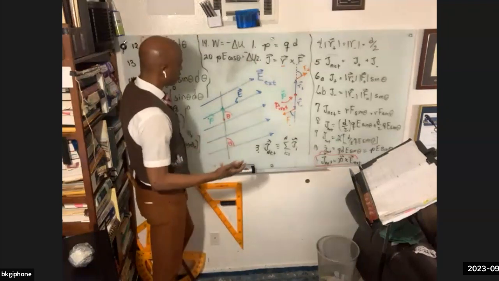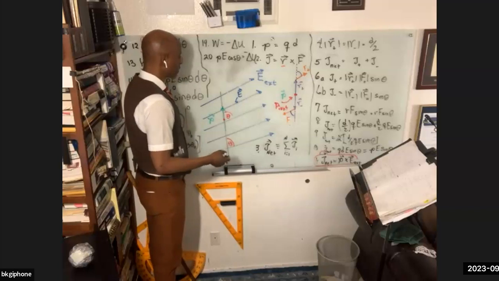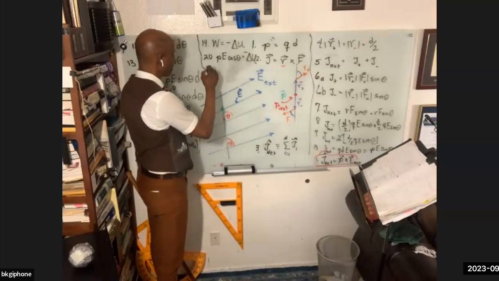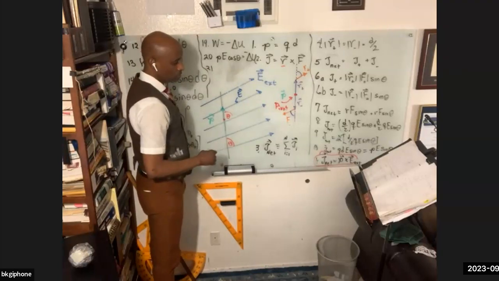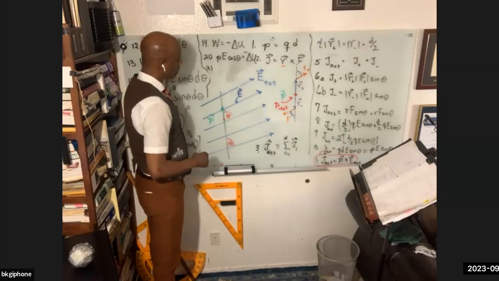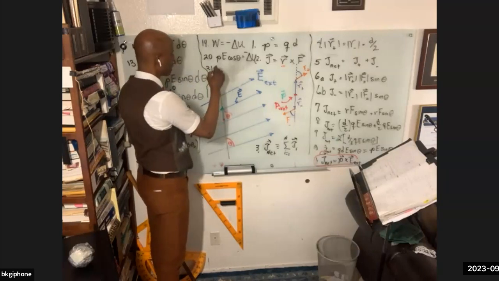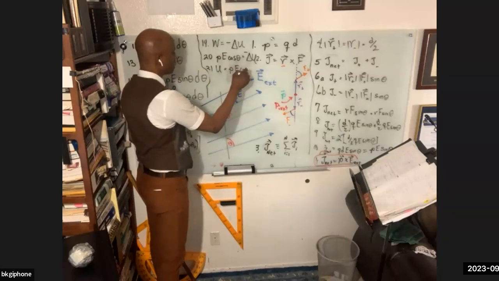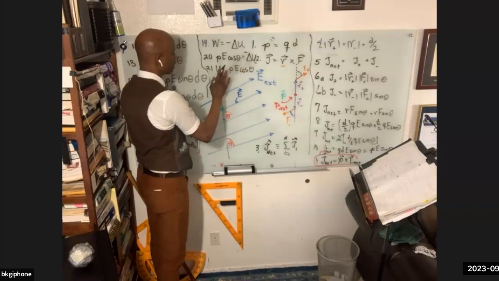And so since U naught is 0, we can just say that the potential energy function for this situation U is equal to P E cosine theta, or the negative of that.